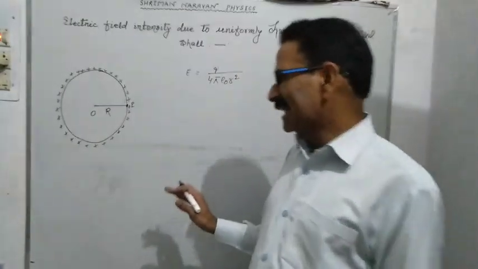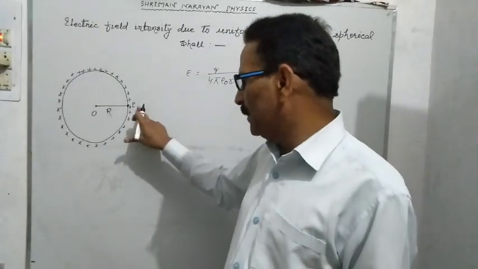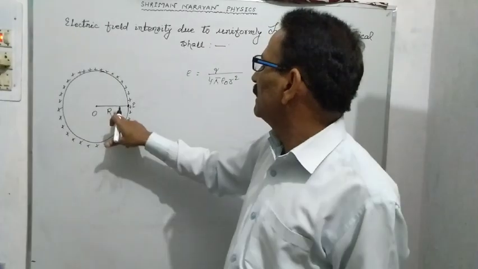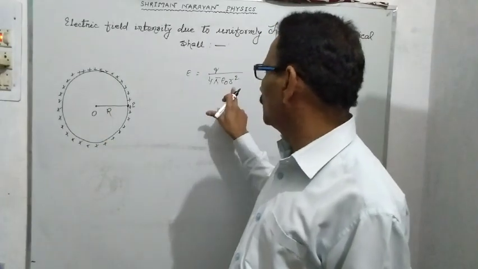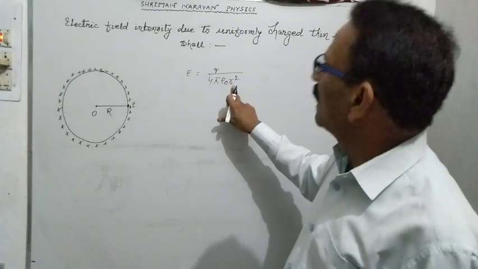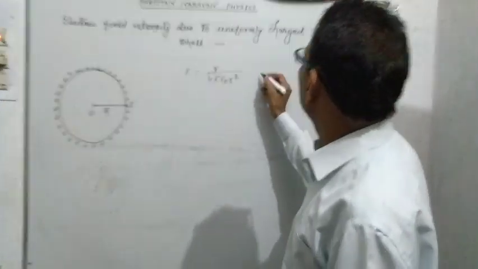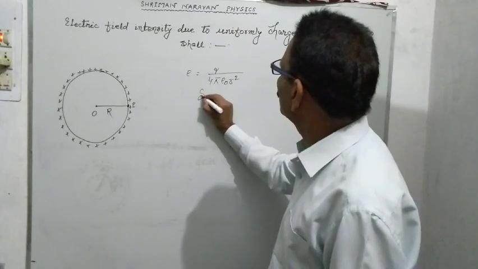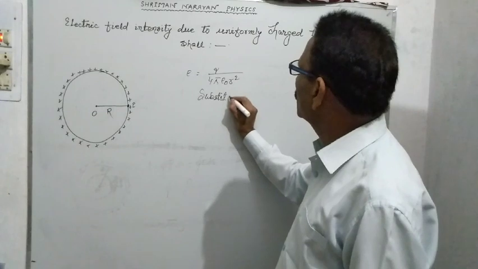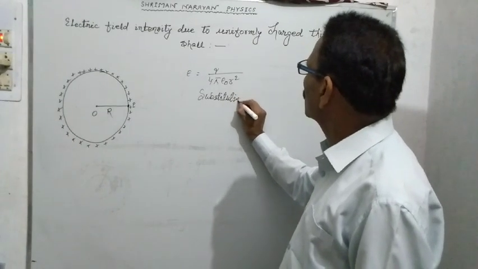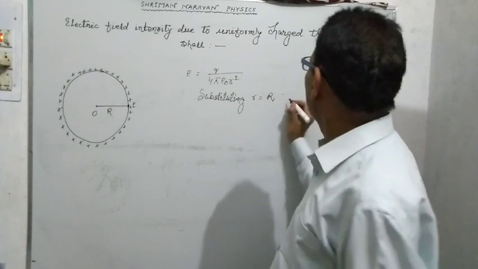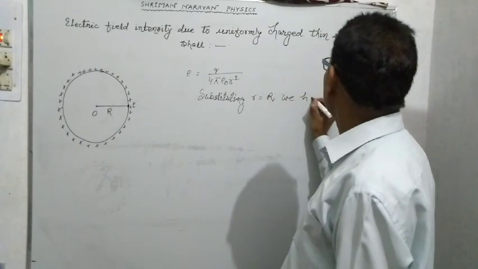Now it is clear that when the point P lies on the surface of this sphere, certainly this value r will be equal to capital R. So let us substitute small r equals capital R. What do we get?